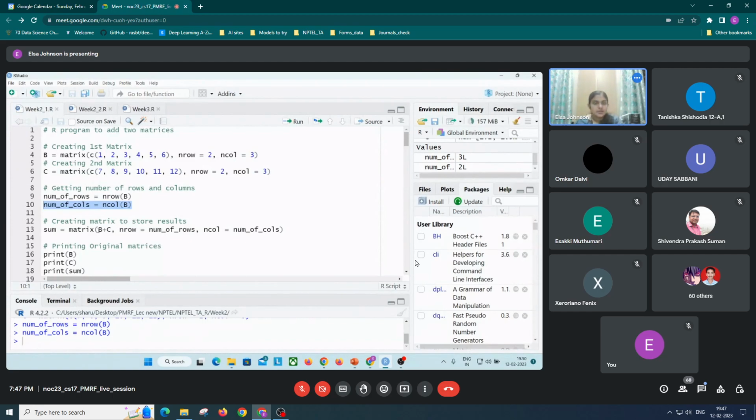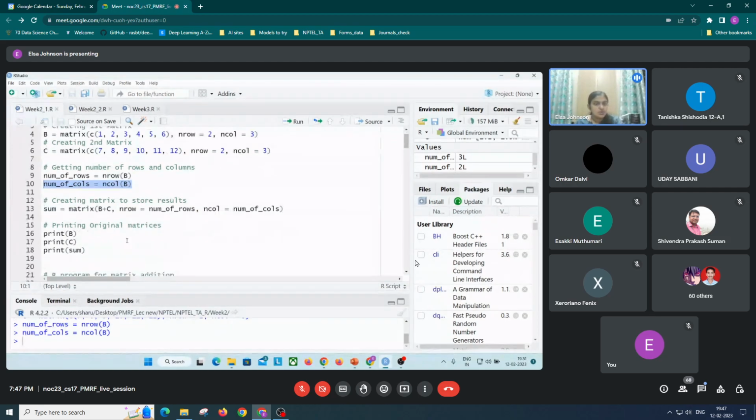Now the first thing is a program to add two matrices. You can put sum equal to B plus C, with nrow equal to the number of rows and ncol equal to the number of columns.